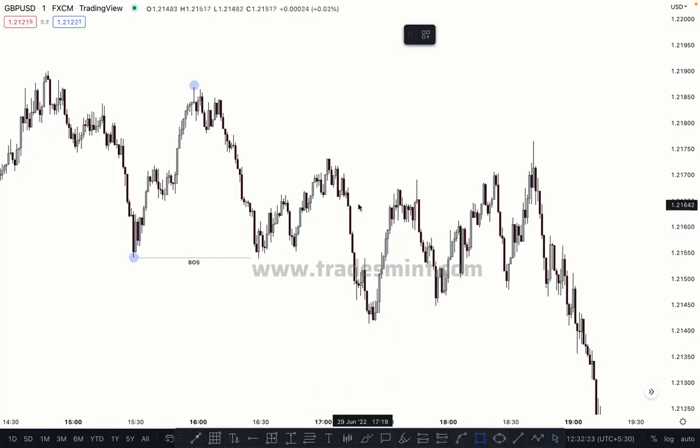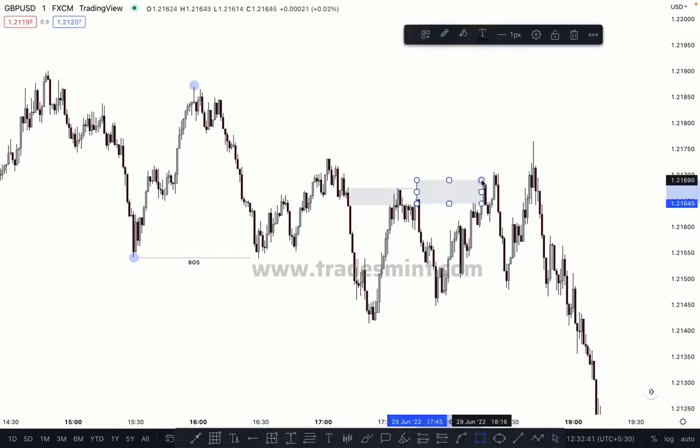Why? Because the structure is broken and they anticipate price pushing downside from this order block. And some people look here to sell. The market takes the liquidity and they expect another sell entry here, correct?